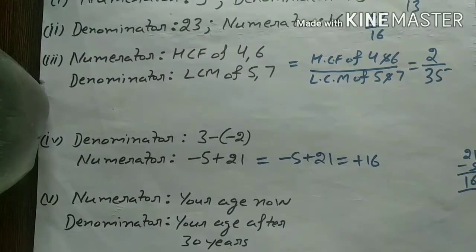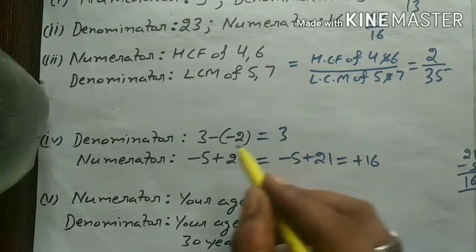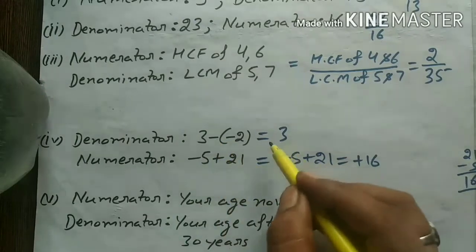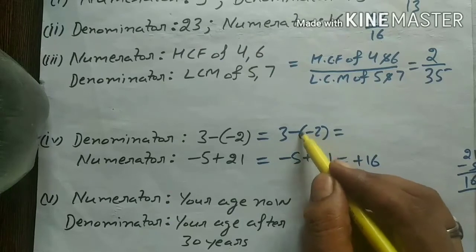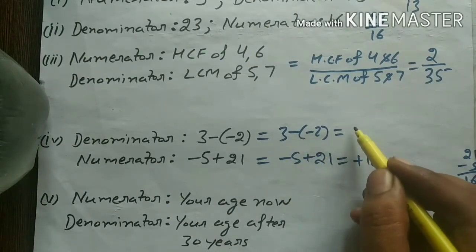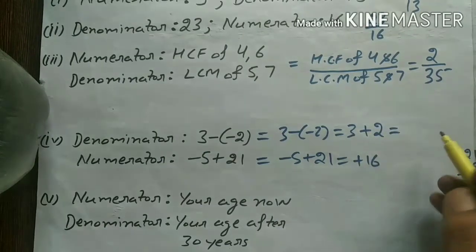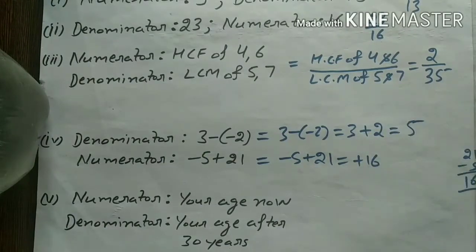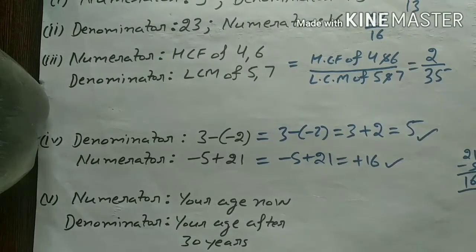Okay student, now here you solve 3 minus and minus. Bracket means multiply. Now when you multiply minus with minus, your answer is plus. Now you know 3 plus 2 is 5. Okay, now you have two values, 5 and 16.